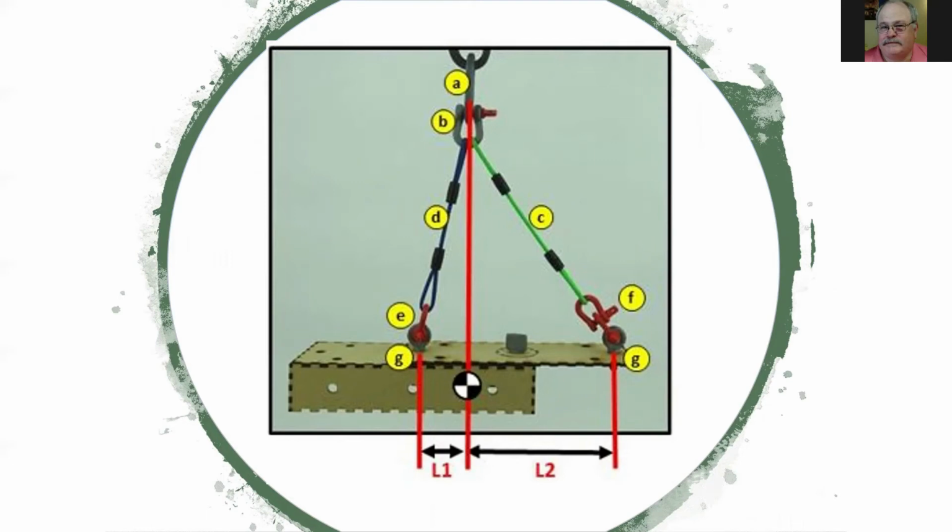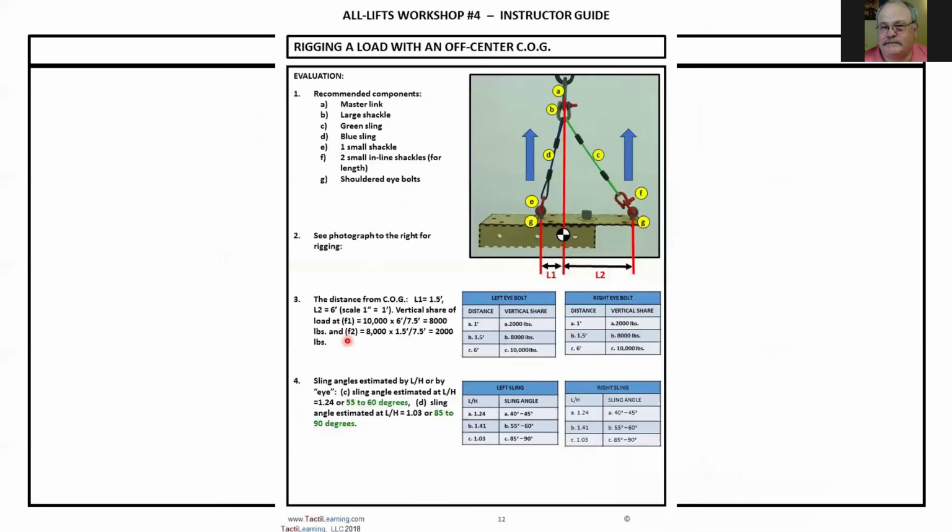So as part of a workshop, we could actually measure out and say that from this pick point here to our center of gravity is 1.5 feet in scale. And from this one over here is at 6 feet. So my total distance is 7.5 feet. So by running the math through, we can actually determine, based on this whole box weighing approximately 10,000 pounds, what the share load on each side is and what the angular forces are.